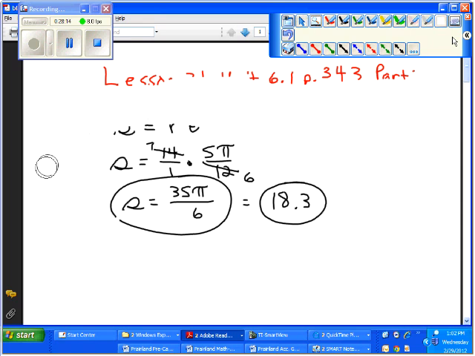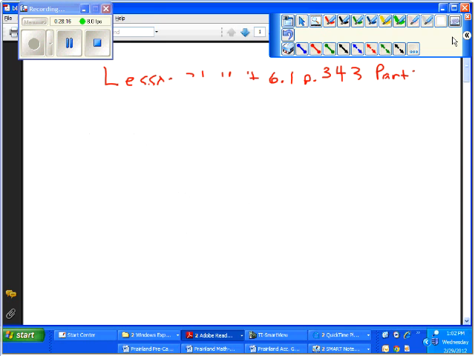Number 8, we have 282 degrees. We know that our arc length is r theta. But it gave us our theta in degrees, and so we need to convert.